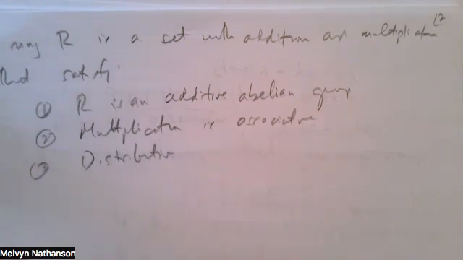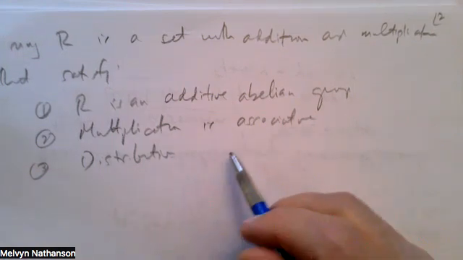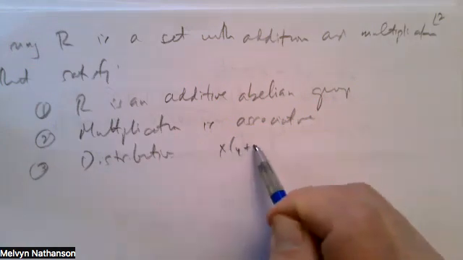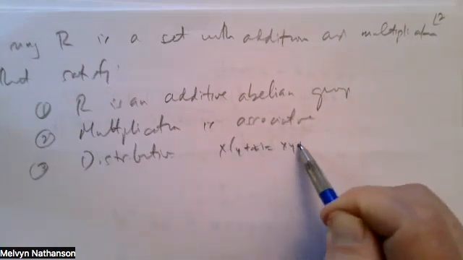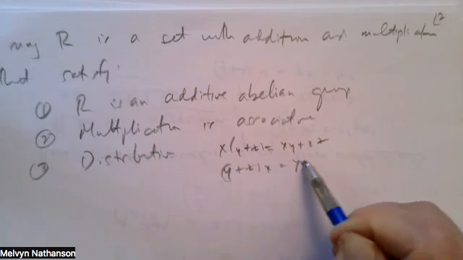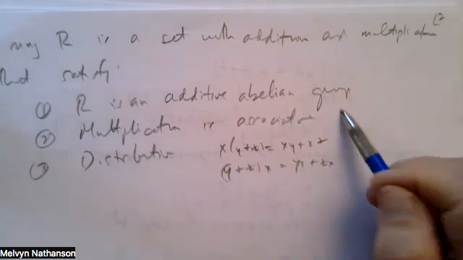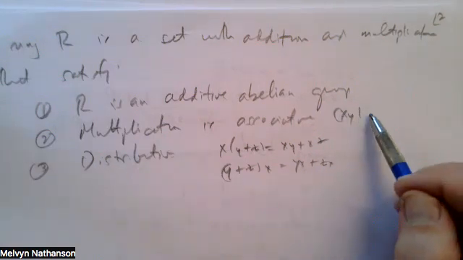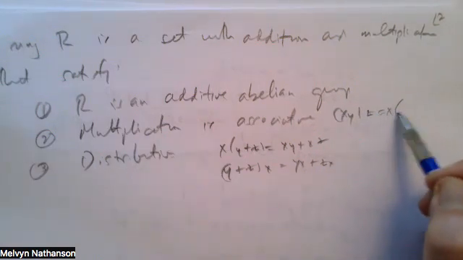So multiplication distributes over addition. You have x times (y plus z) is xy plus xz, and (y plus z) times x is yx plus zx. Associative multiplication means xy times z is x times yz.